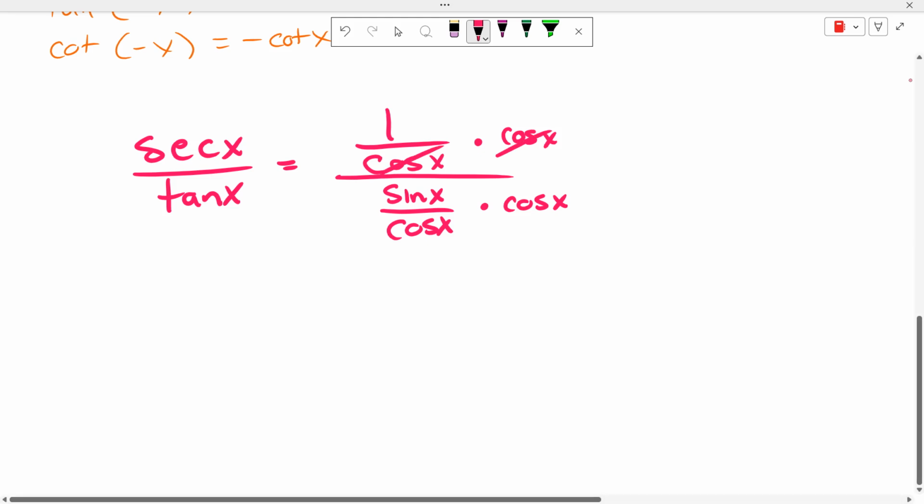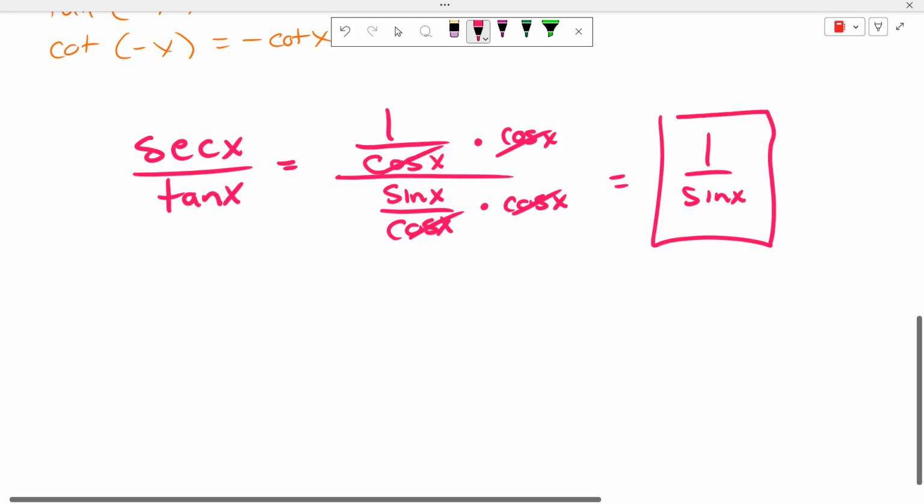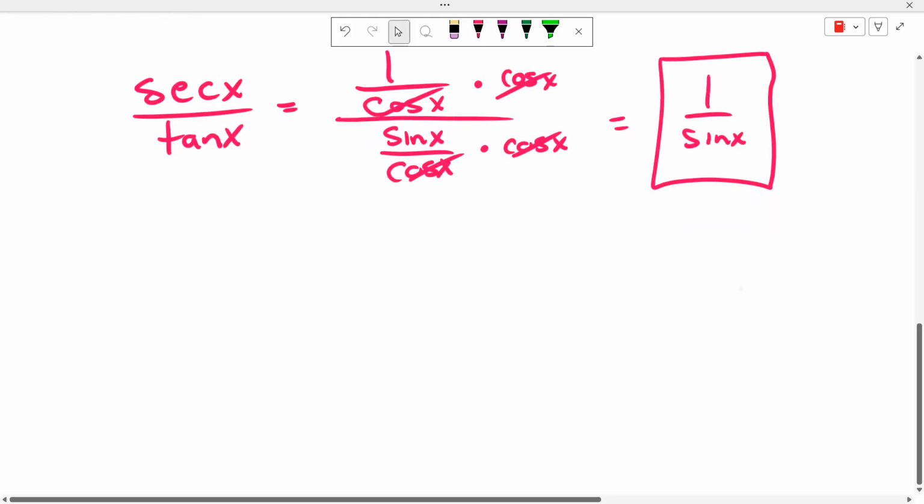These will cancel and these will cancel. And I'm left with 1 over sine of x. 1 over sine of x I know is cosecant of x, but let's leave these in terms of sines and cosines for now, so we understand how to turn them into the proper ones.